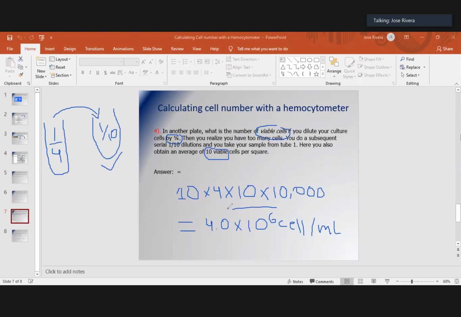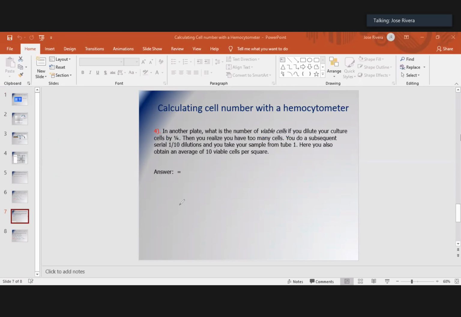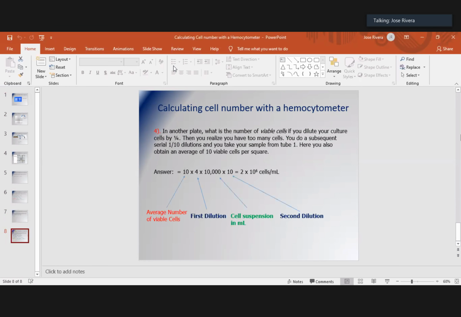Good. So now you know how to do dilutions. I was going over this because you're going to get something like it on your quiz. I explained it here. I made a mistake here. As you can tell, I put 2, but it should be 4, right? So here it explains this is the average number of viable cells, 10, which is here.